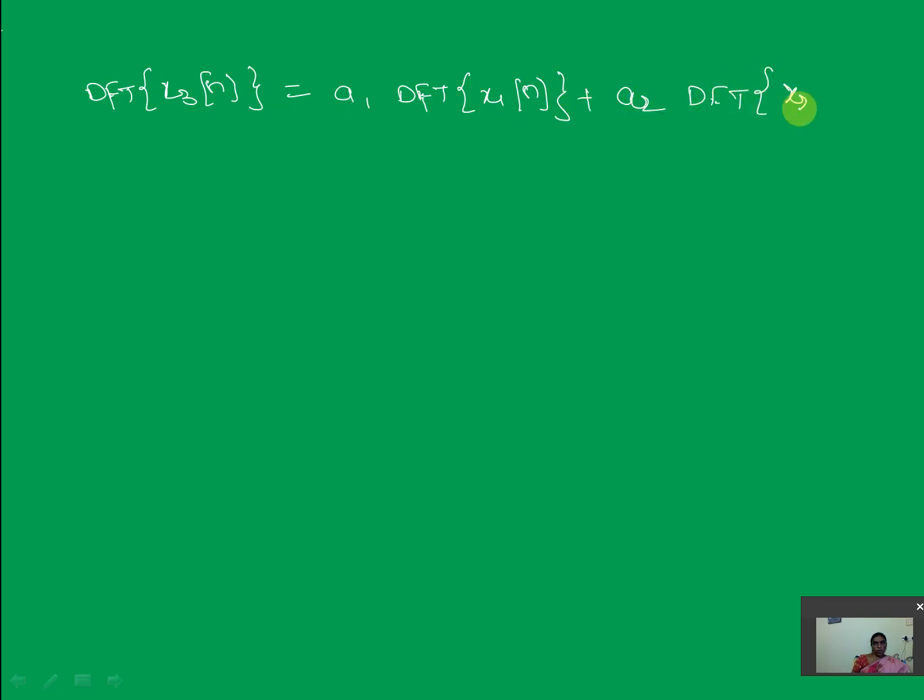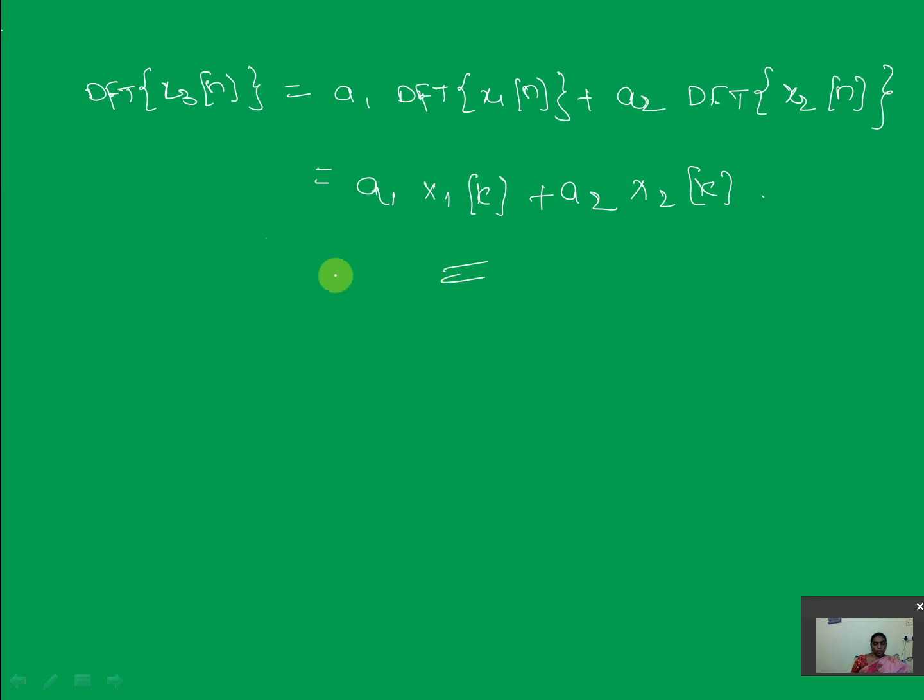So the DFT of x3 of n is a1 into the DFT of x1 of n plus a2 into the DFT of x2 of n, that is a1 X1 of k plus a2 X2 of k. That is the linearity property.